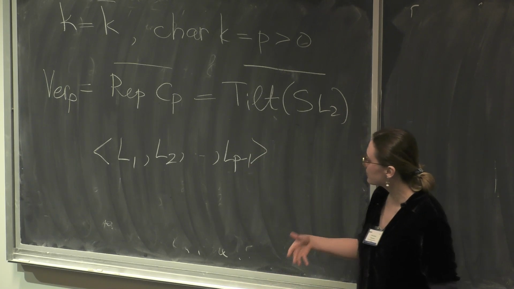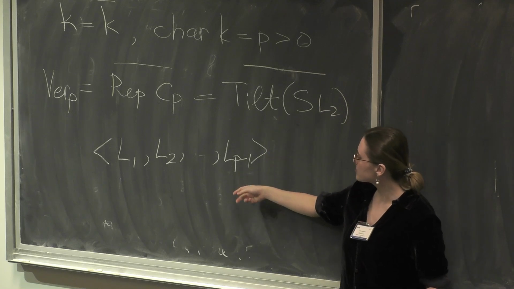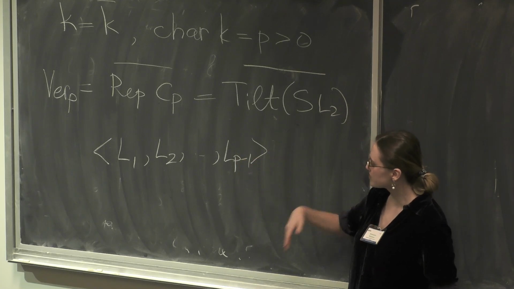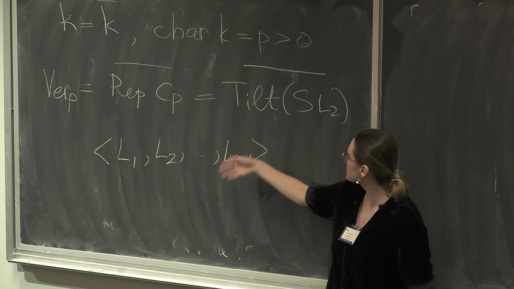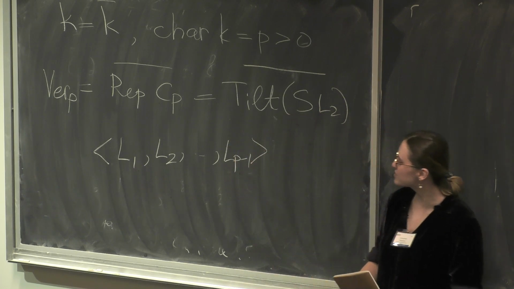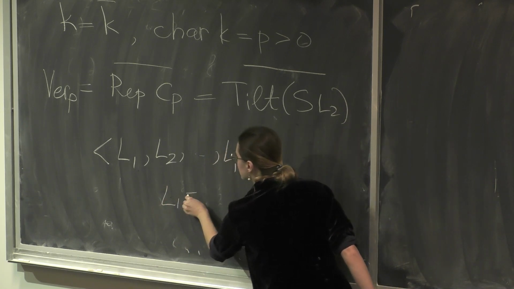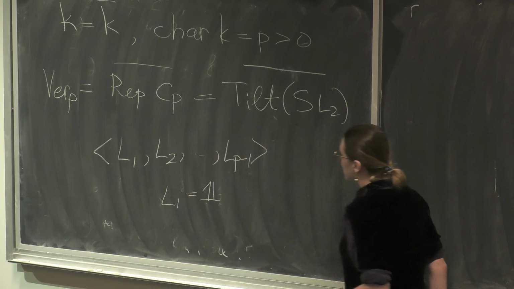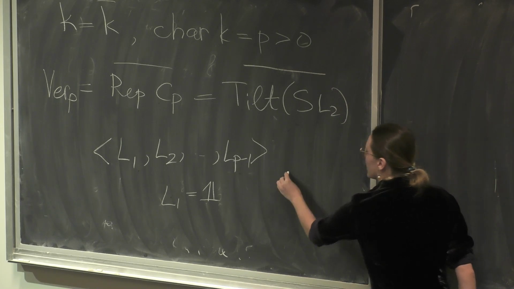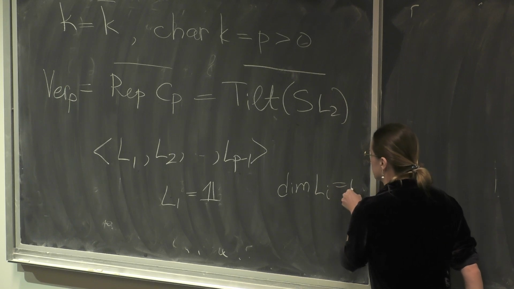And you can also think about them as tilting modules over SL2 that are simultaneously Weyl modules and simultaneously simple modules over SL2. So they go from dimension 1 up to P-1. And L1 here is the monoidal unit. And the dimension of Li is i, the categorical dimension.